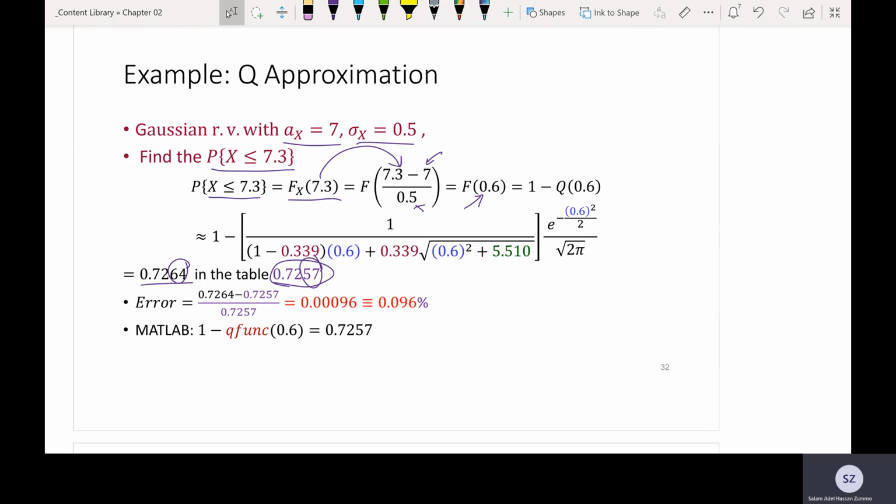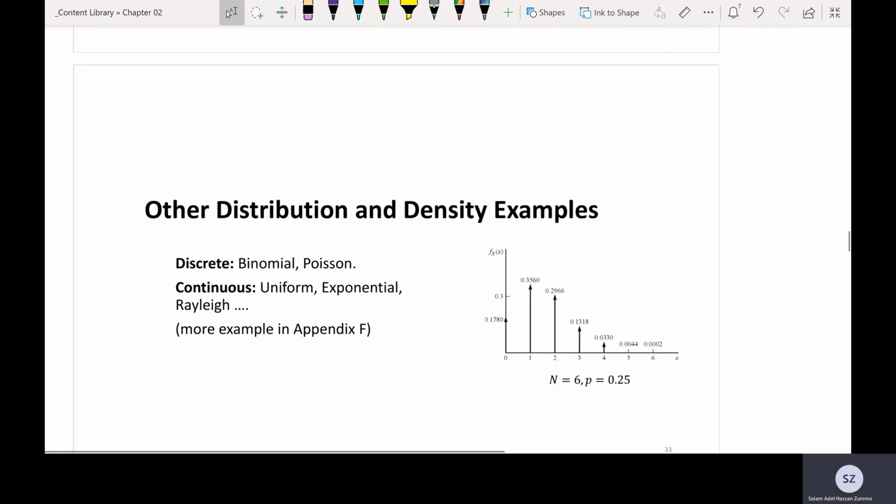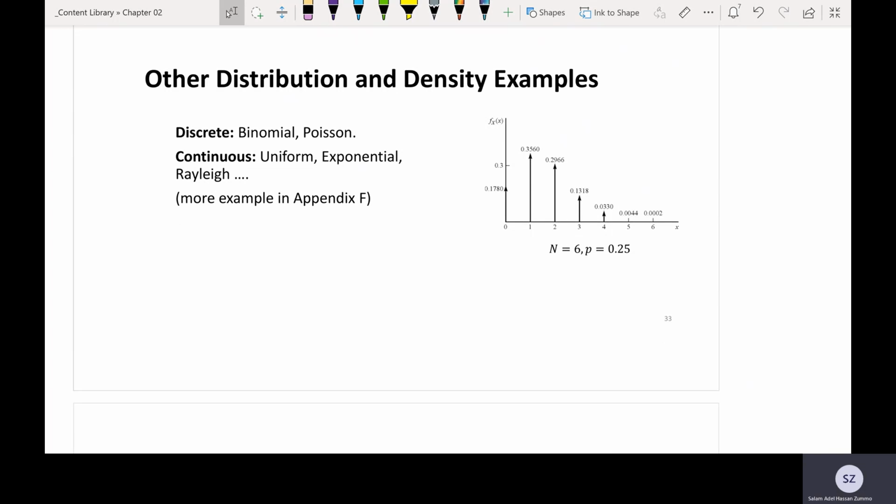So the remainder of the class will go to another distribution. In the coming classes, the rest of this class and the coming class, we'll talk about some well-known discrete random variables, like the binomial and the Poisson. They are like the Gaussian.